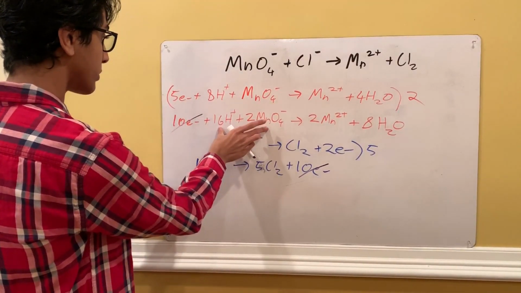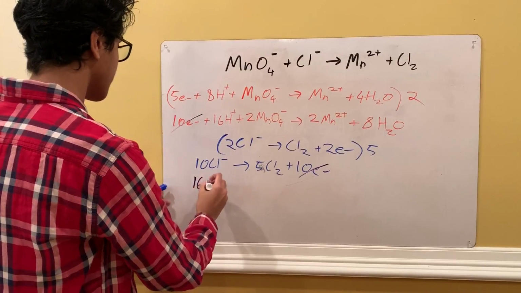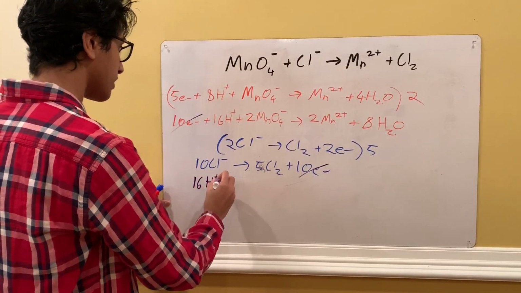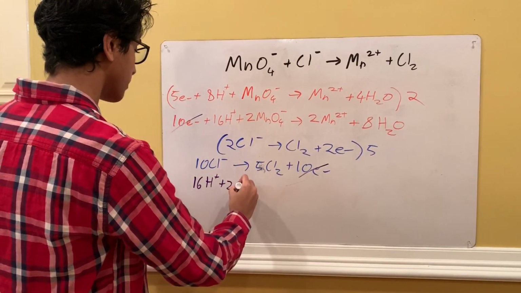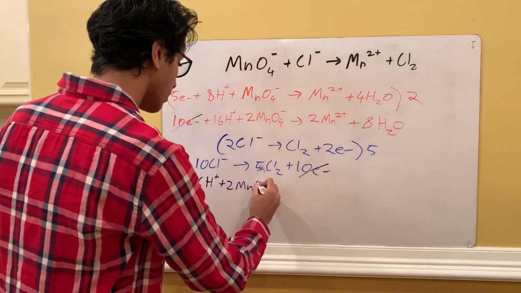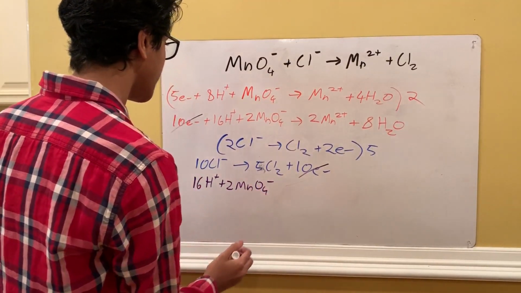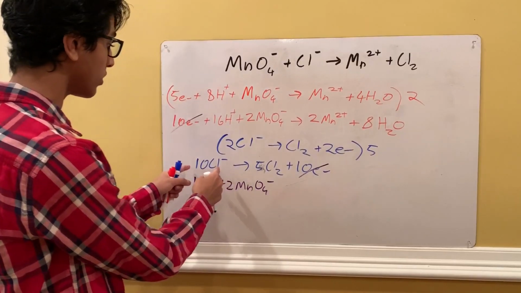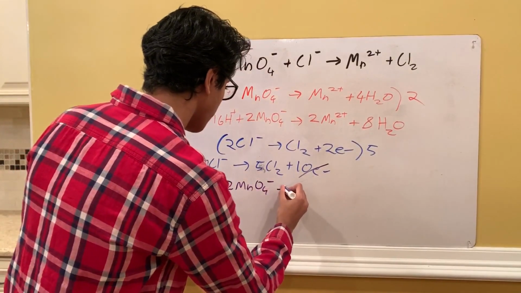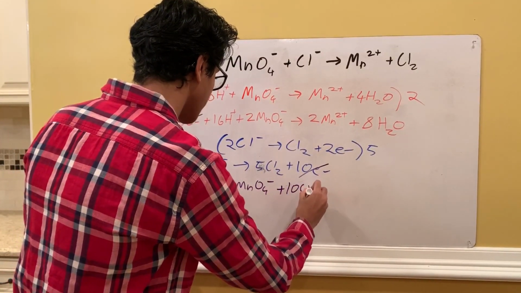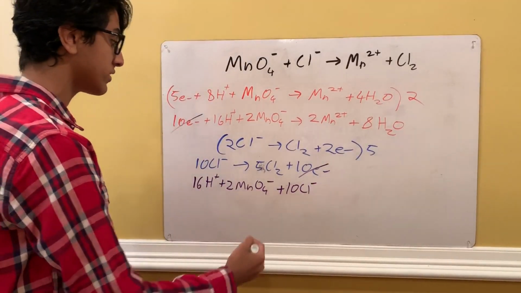So we'll look over here. We have 16H plus, 2 MnO4 minus. And then we'll write the reactants of this as well, which is 10Cl minus, so plus 10Cl minus. And now we move on to the products.